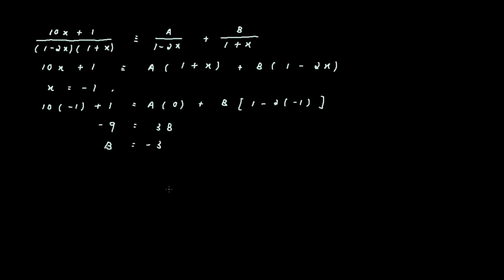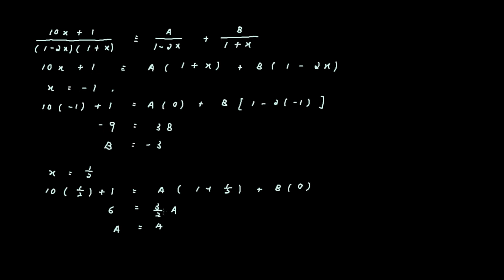Then I'll continue to find A. I substitute x equals 1 over 2 so that I get 0 for the B part. So 10 times 1 over 2 plus 1 equals A times (1 plus a half) plus B times 0. So I have 6 equals 3 over 2 A, so A equals 4.